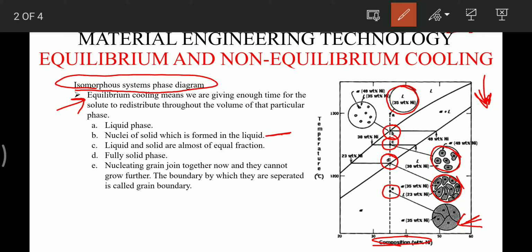So this is how the cooling takes place in the isomorphous system. So the nucleating grains join together and cannot grow further in this solid state. Okay, and these joining boundaries are called grain boundaries.